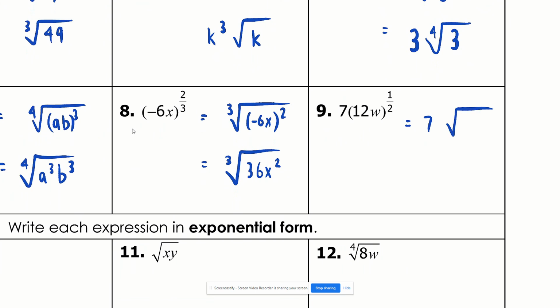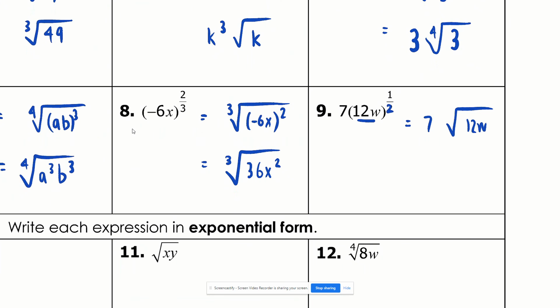Now remember, inside that radical, you have the base of your exponent, 12w. On the outside, the denominator of that exponent is the root. Well, that's understood to be a 2. I don't need to write it. And that 12w is simply inside being raised to the first power, which I don't have to write. So that looks like 7 times the square root of 12w.